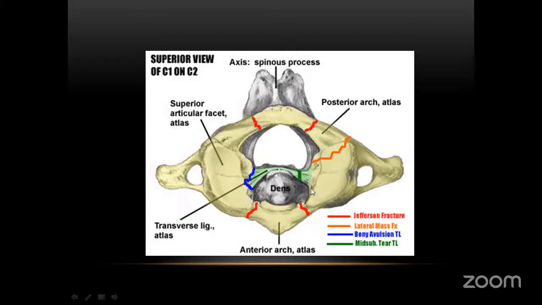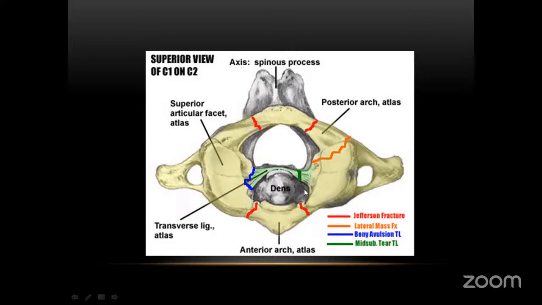Second point is when the transverse atlantal ligament is disrupted at the level of the periosteal area. There is no involvement of the bone, but it is going out from this area, away from the periosteum.